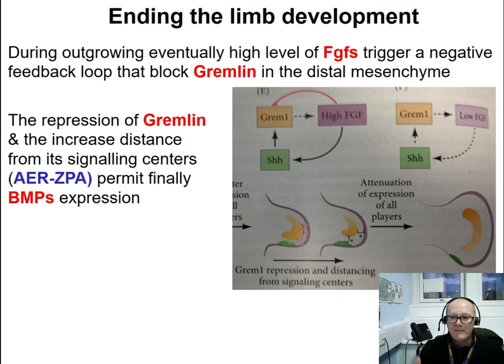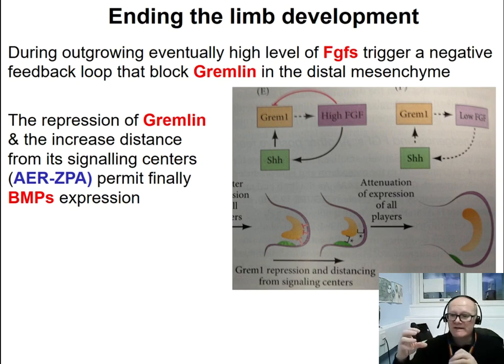So when we have a repression of expression of gremlin, we also have an increased distance between the mesenchyme that used to express gremlin, and an increased distance between the AER and the ZPA.